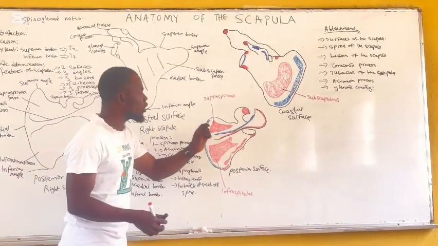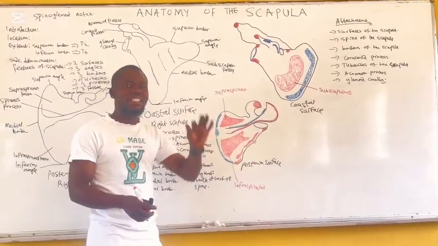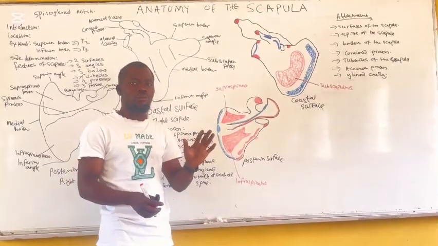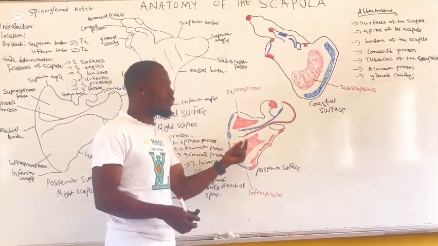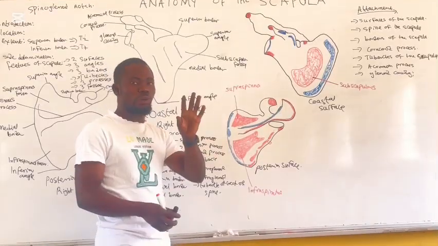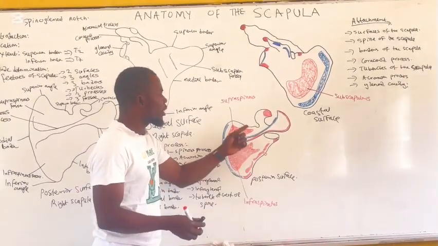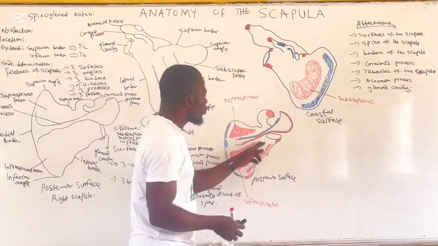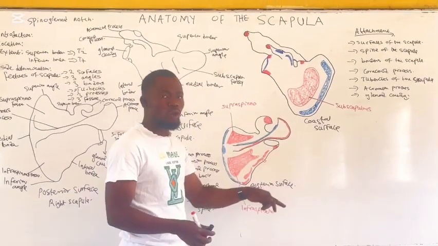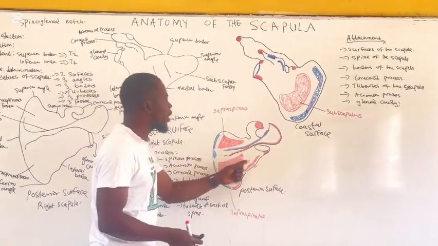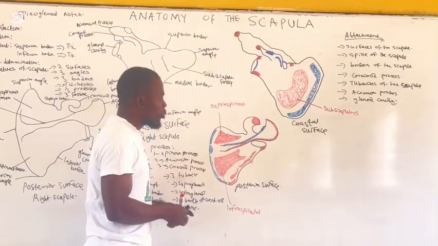Now, the spine of the scapula has two surfaces and three borders. The posterior border has two limbs, the upper limb and the lower limb. The lower limb gives origin to the deltoid muscle, whereas the upper limb gives insertion to the trapezius muscle.